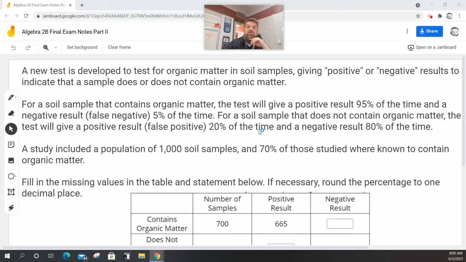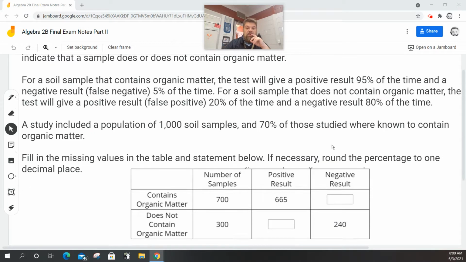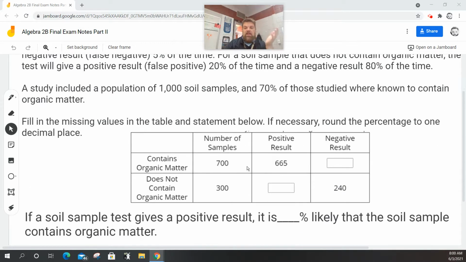So what we're going to do is they gave us some data here, and we're trying to figure out what goes where, right? So first thing is contains organic matter, and we're looking for the negative result.